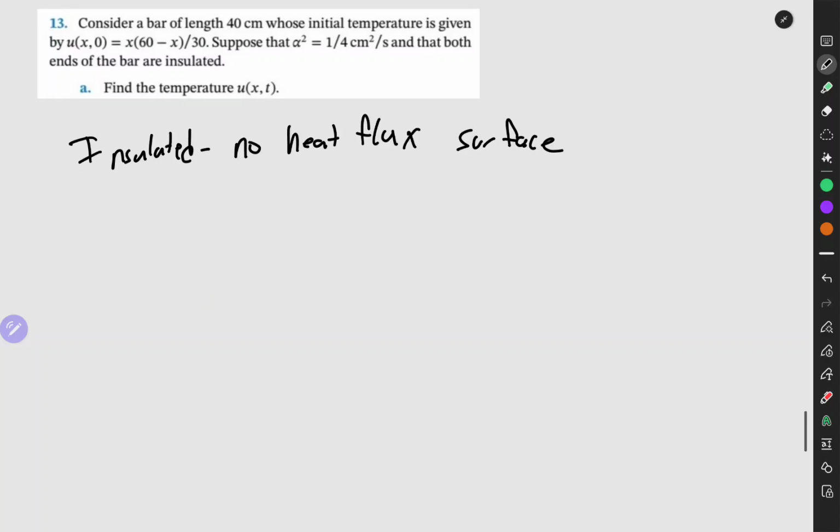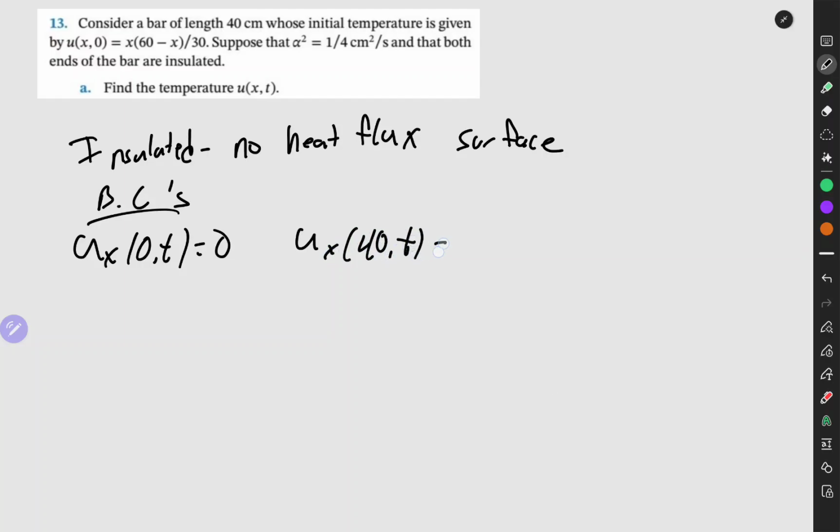So when we're doing this, the partial derivative with respect to x of u(0,t) is going to be 0, and the same at the other end. It gives us a length of 40. Now the initial condition it gives us.